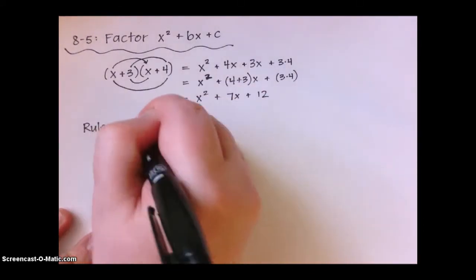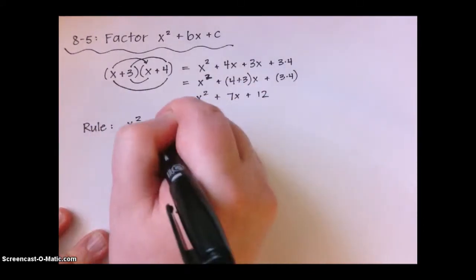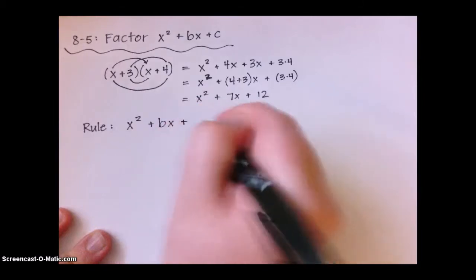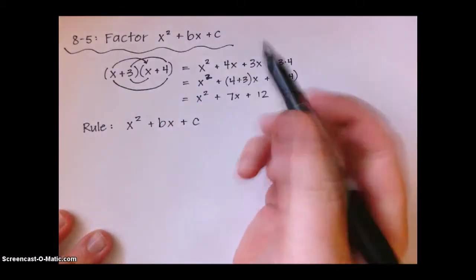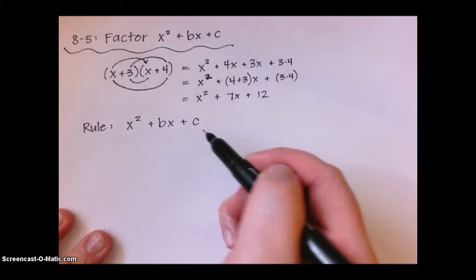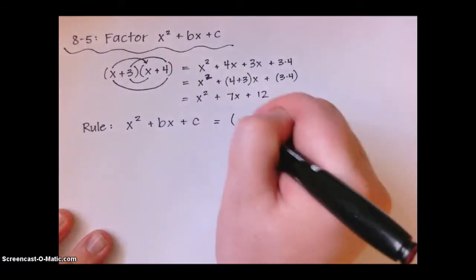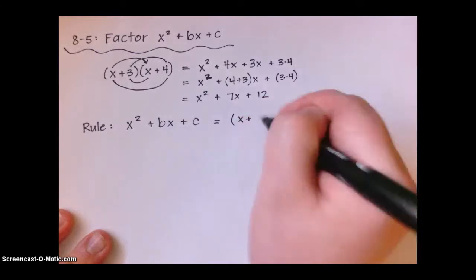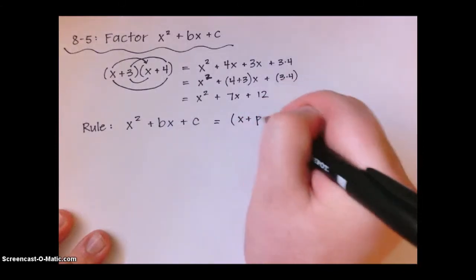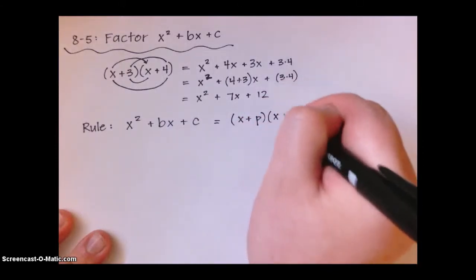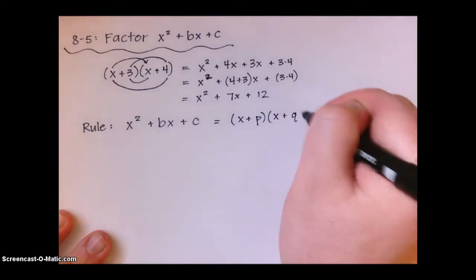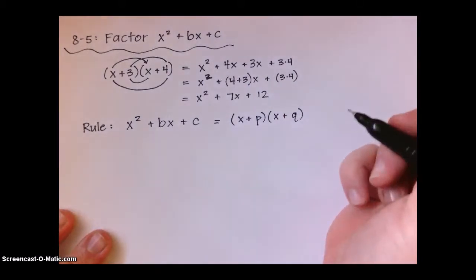So again, let's start with x squared plus bx plus c. So this is our rule, that if you have a polynomial that looks like this, it's going to be equal to, in the end, x plus some number, we're going to call it p, times x plus some other number, we're going to call it q. All right?